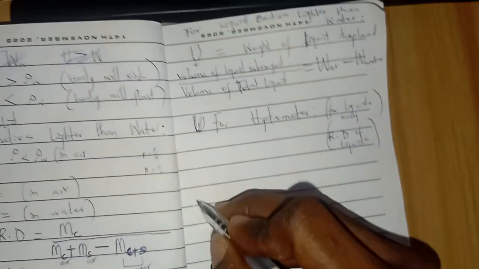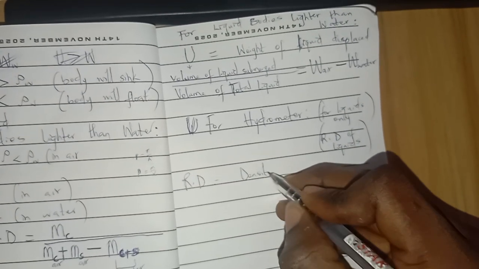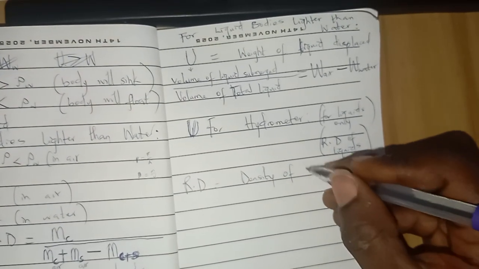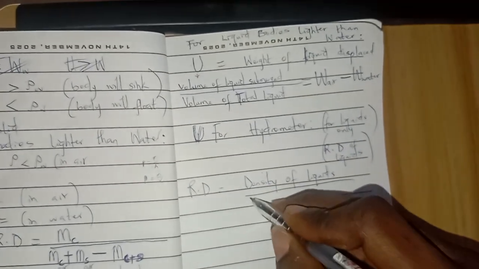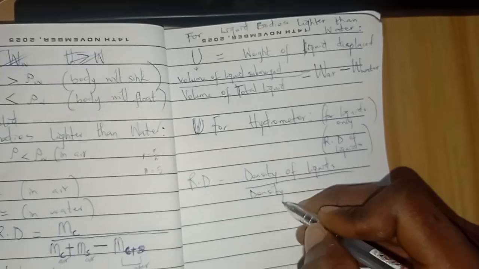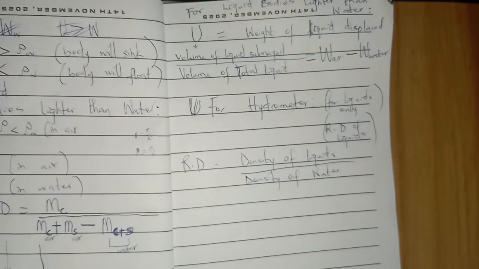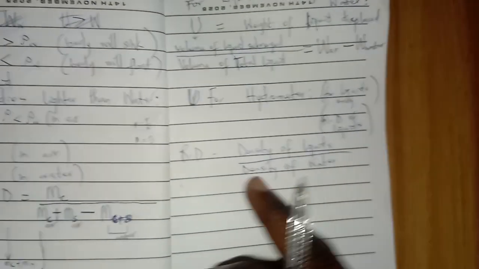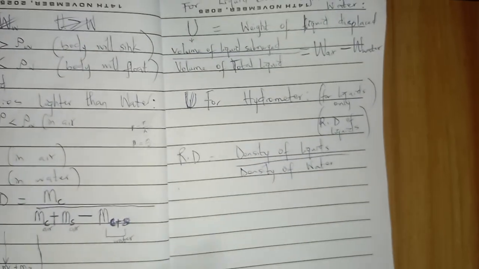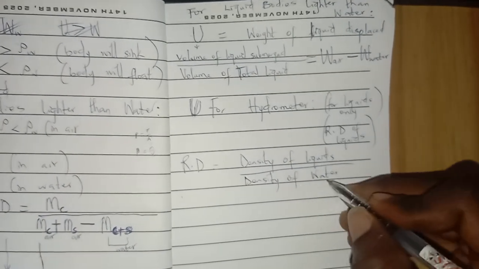So the principle you use is, you remember that relative density is simply the density of anything. If it's liquid, it means the density of the liquid over the density of water. And when it has to do with liquids, you actually don't do it the other way. That is done when it has to do with solids. So it's supposed to be density.